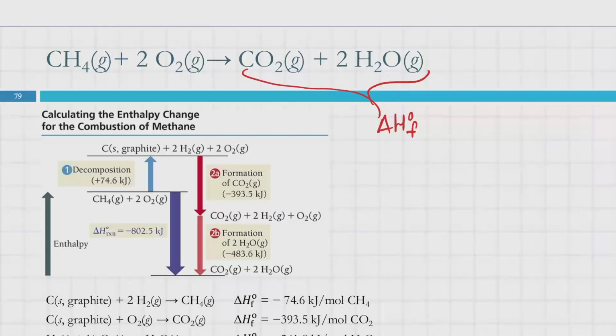So we're going to add all those up with their coefficients, and we're going to subtract everything for our reactants. So these are all going to have negative standard enthalpy of formation values.